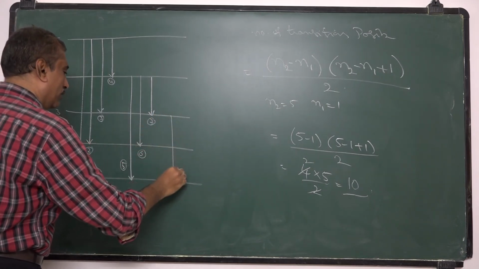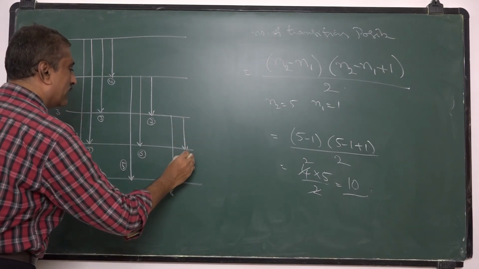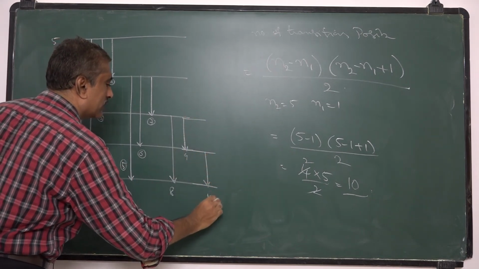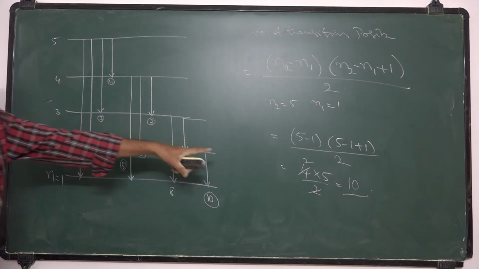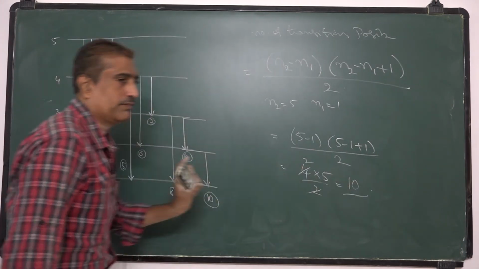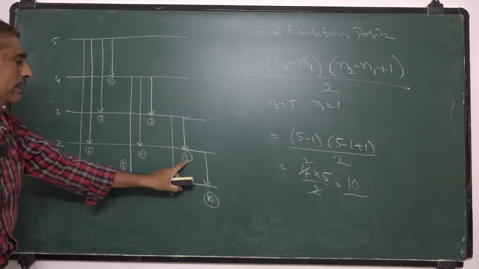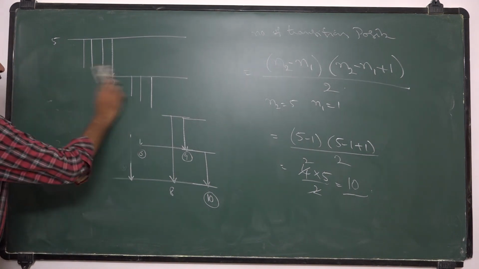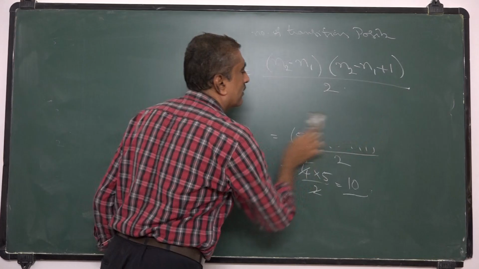Now the third state to the first or second state, 8 and 9. And the second state to the first state, that is 10. So a total of 10 transitions are possible: 1, 2, 3, 4, 5, 6, 7, 8, 9, 10. So remember this one.